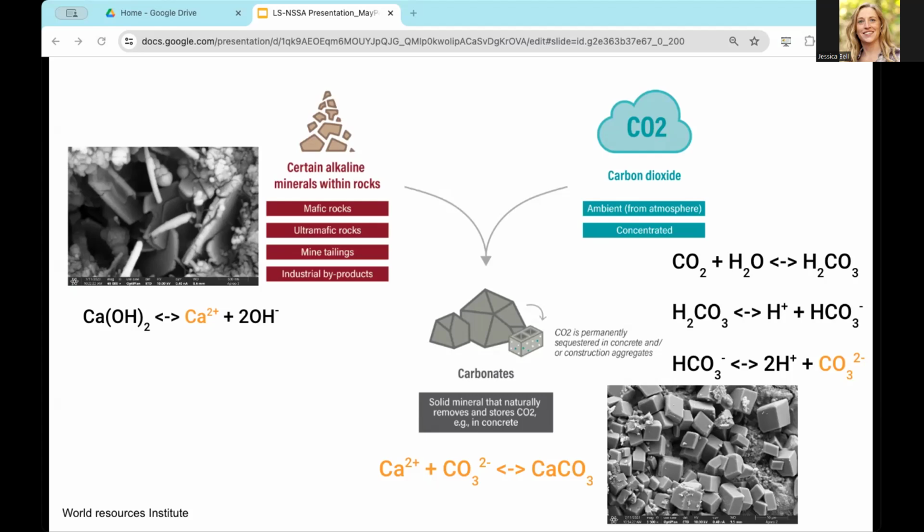On the left side, we have calcium, and from the CO2, we got carbonate. If these two react, they form a carbonate mineral, and the carbonate mineral will look like the SEM image on the right bottom. So the entire process is changing that hexagonal plate material into rhombohedral minerals.